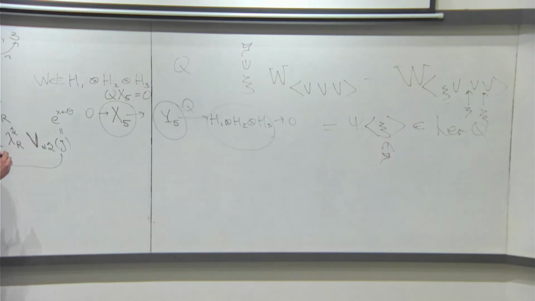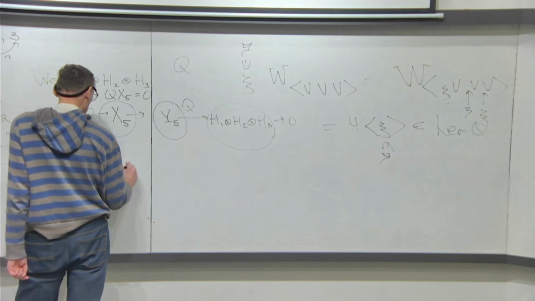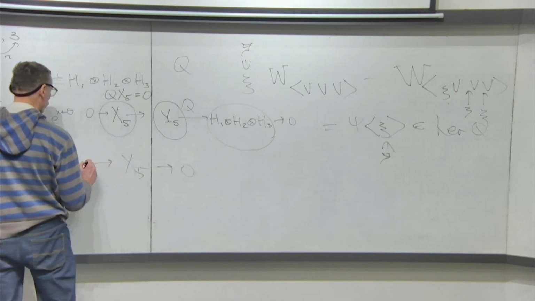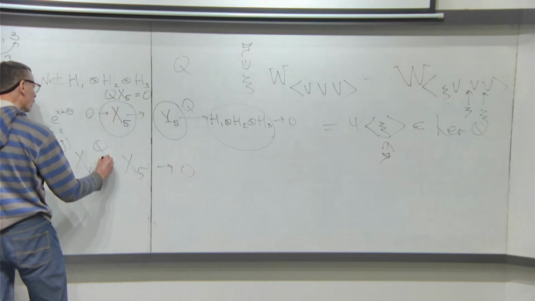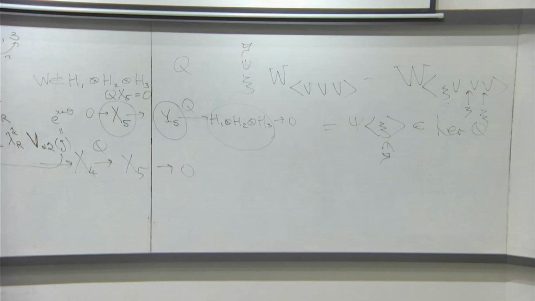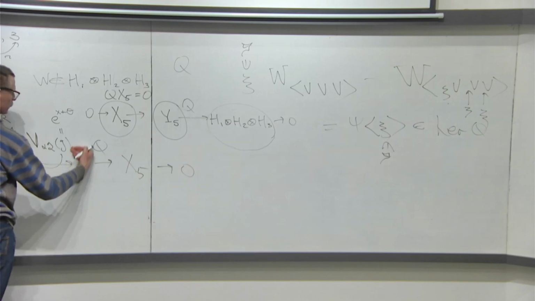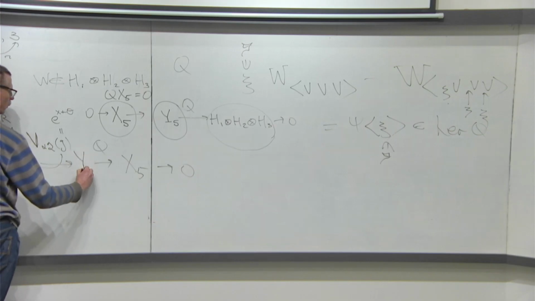Therefore, there exists some x4 such that x5 is Q of x4. And x4, again, does not transform in the same representation as x5. There is some, so I should call it y, to be consistent, I would call it y4.